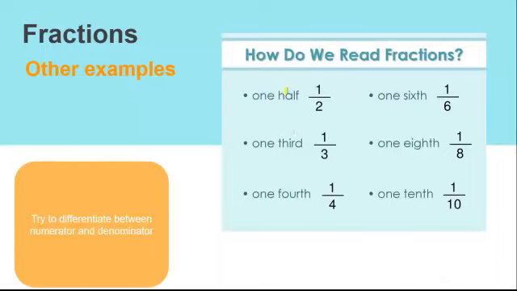Okay, how to read fractions? Like we said in the last slide, this is called half, 1/2. This is called 1/3. And about that, 1/4. There is another way we can read this fraction, which is called quarter.